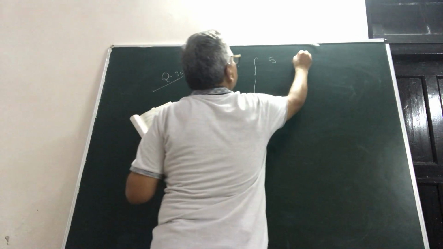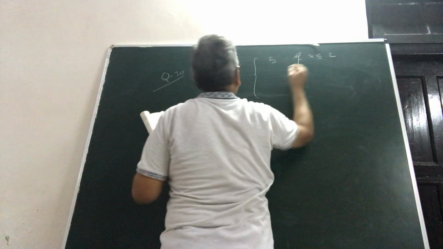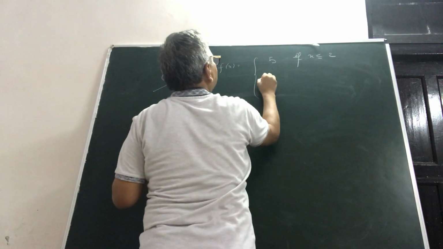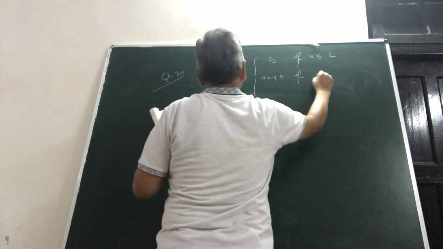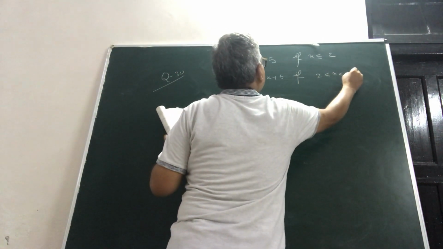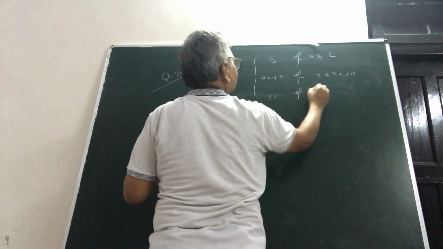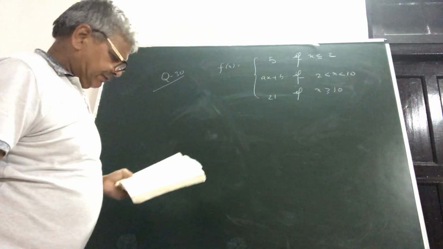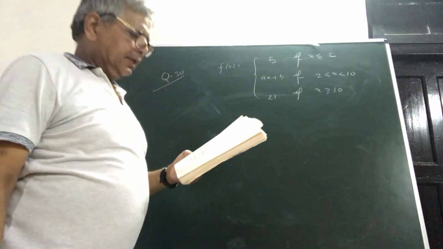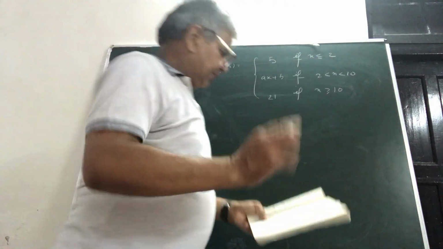Constant function if x is less than or equal to 2, and it is equal to ax plus b if 2 is less than x is less than 10, and then it is 21 if x is greater than or equal to 10. So this is how your function is defined, and you have to determine the values of a and b such that the function is a continuous function.